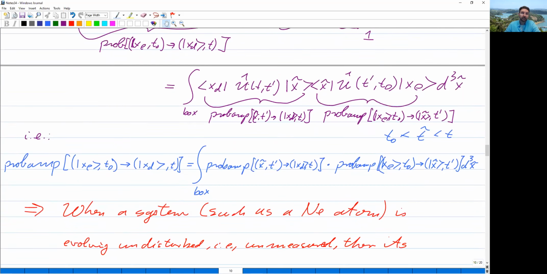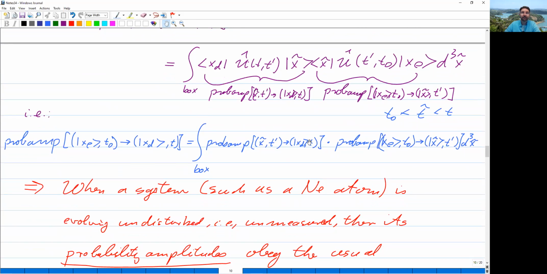And when we do that, what do we get? We get a formula just like this one, but way longer.